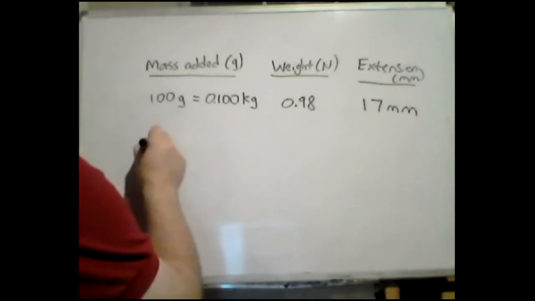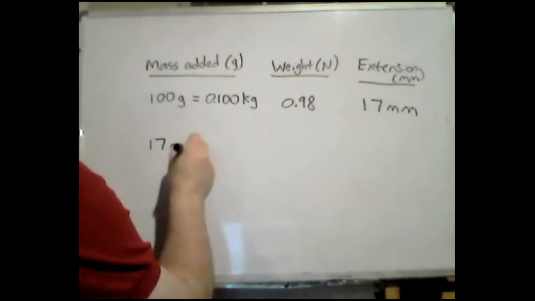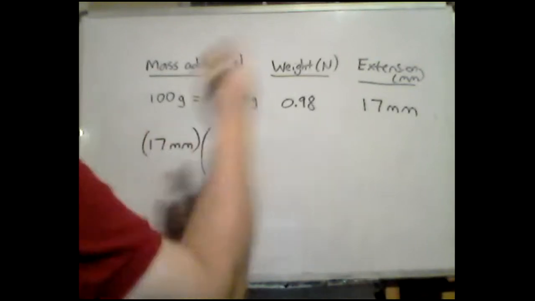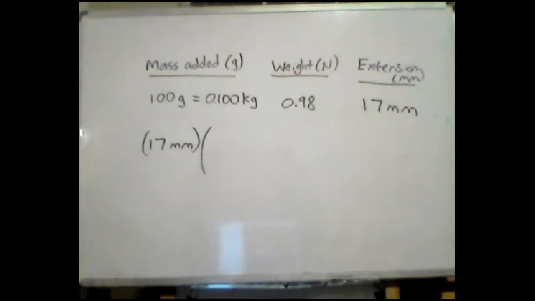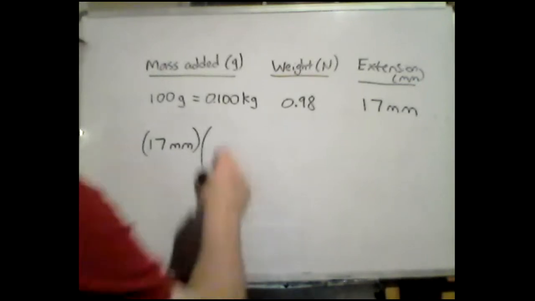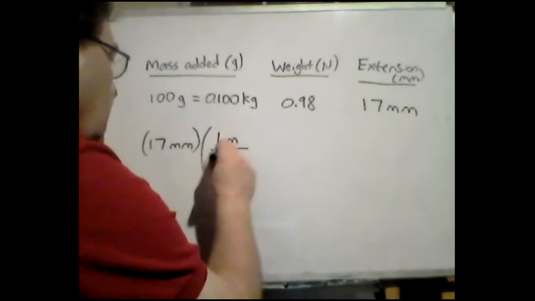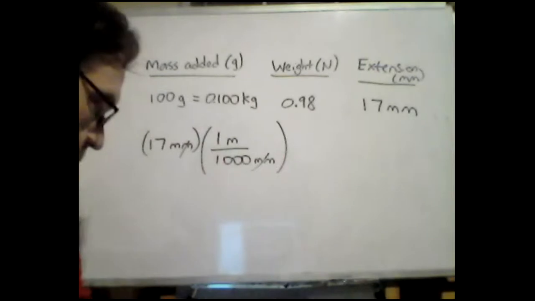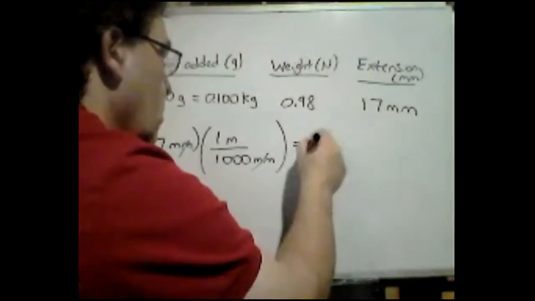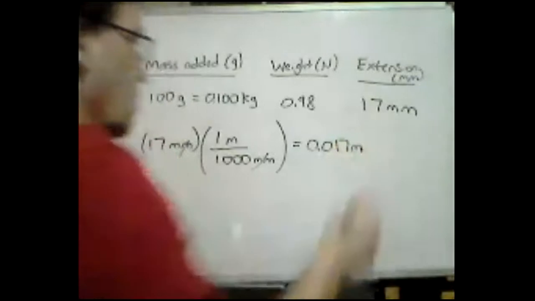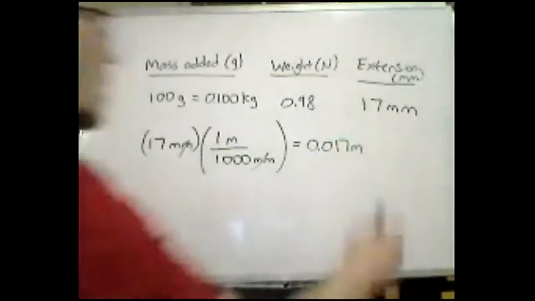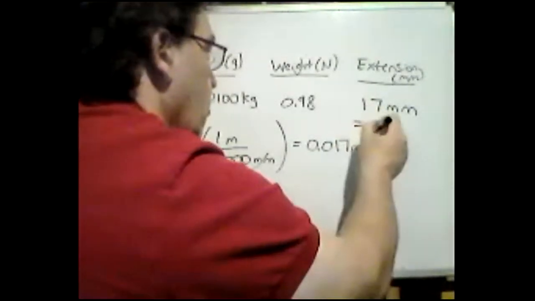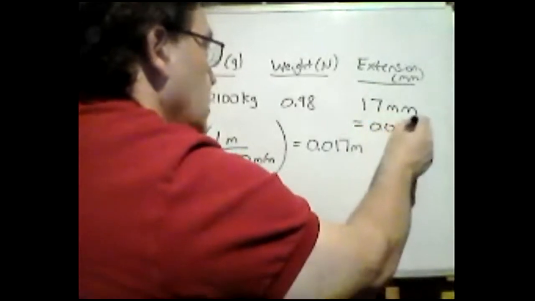I want meters, because I want to do a computation with base SI units. So I divide by 1,000 millimeters in a meter. The millimeters cancel out, and I get 0.017 meters. So in my little cell over here, I'll write 0.017 meters.